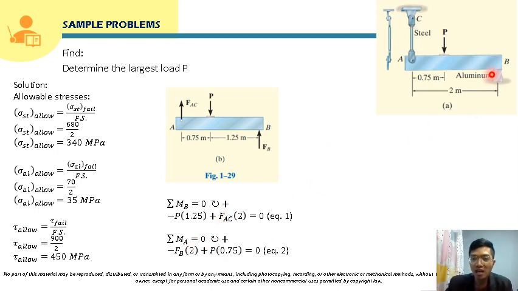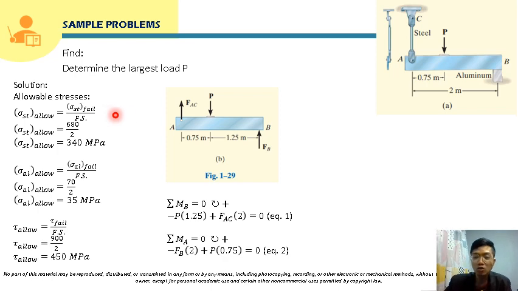And for the aluminum block, the normal force here will be FB. So we are going to use these allowable stresses, as we know for stresses. So let's say for the stress here at the steel rod, to solve that, that will be equal to the internal loading, which is the normal force.